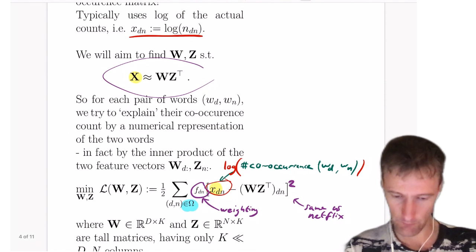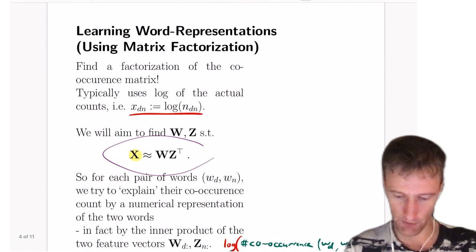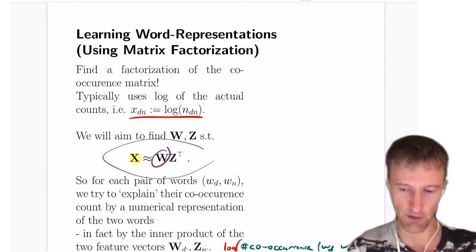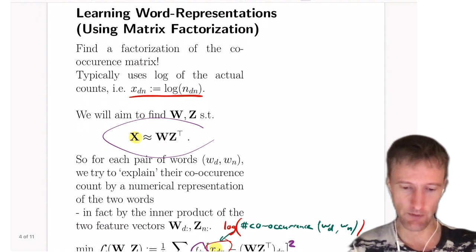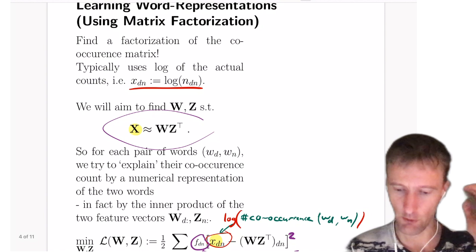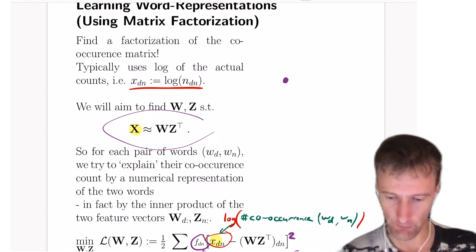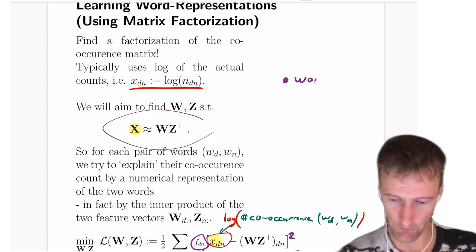But just to take a step back, what are we actually doing here? We are learning these word vectors, which are the rows of the W matrix. You might have heard of word vectors. There are two standard examples.